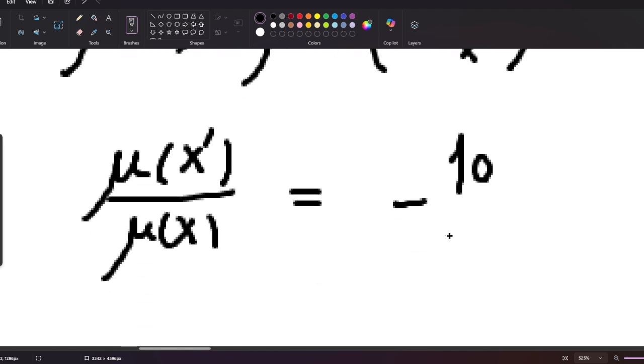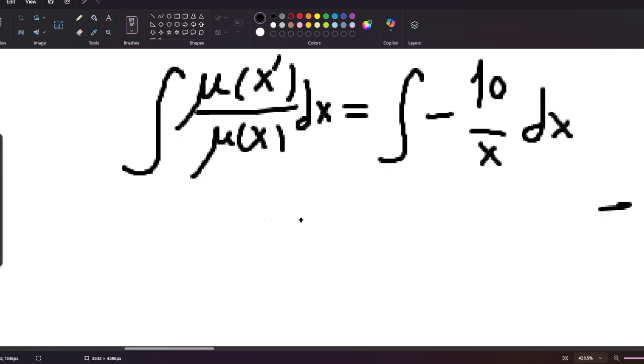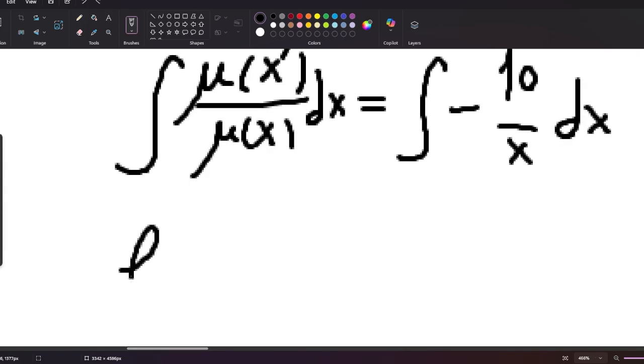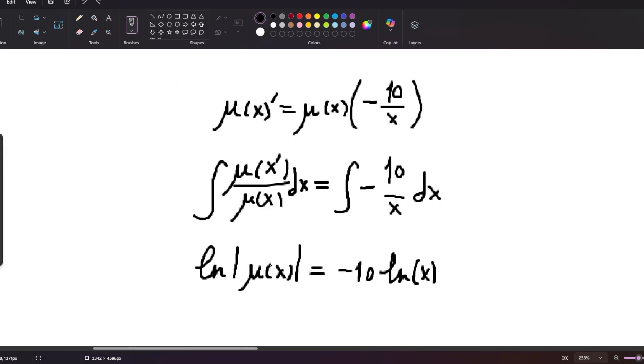And let's integrate both sides with respect to x. So in the first one, we will have the natural logarithm of the absolute value of mu(x) is equal to negative 10 times the natural logarithm of x. Now, we're not going to put an absolute value here because we're working only on the positive interval.